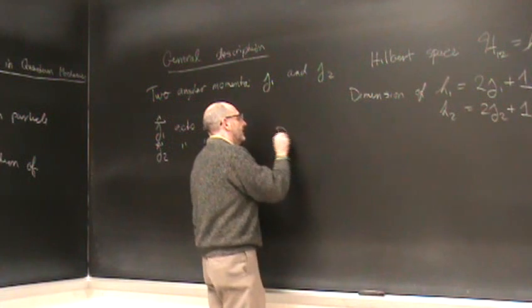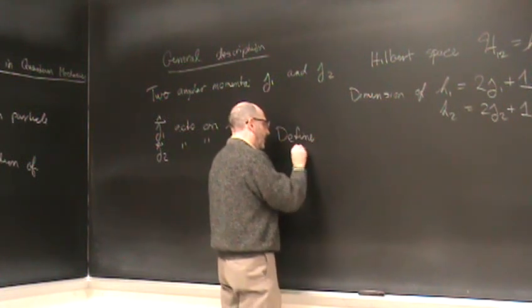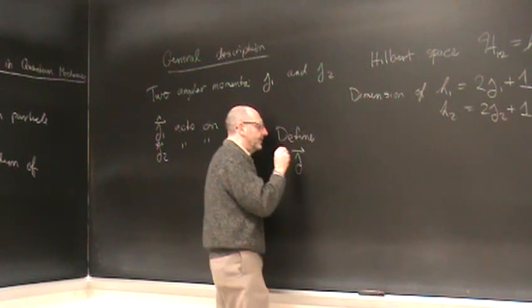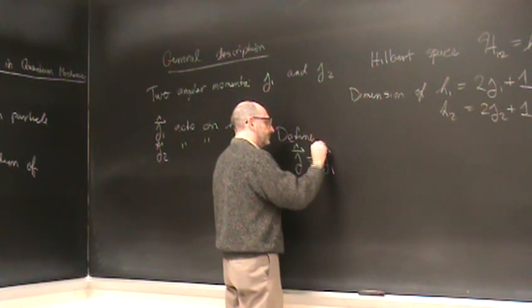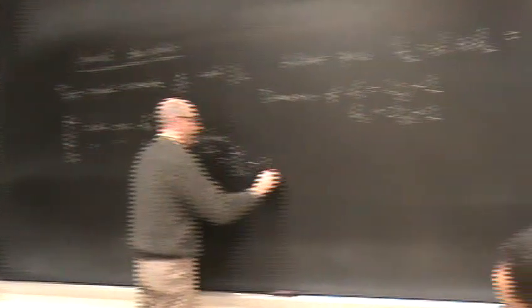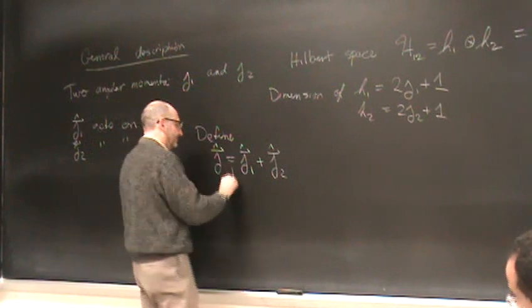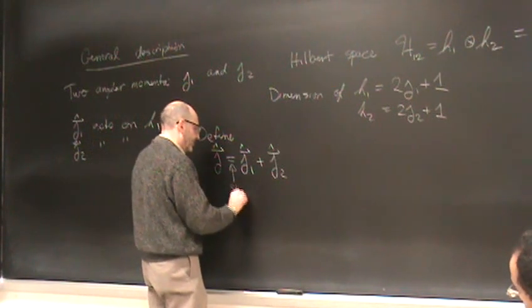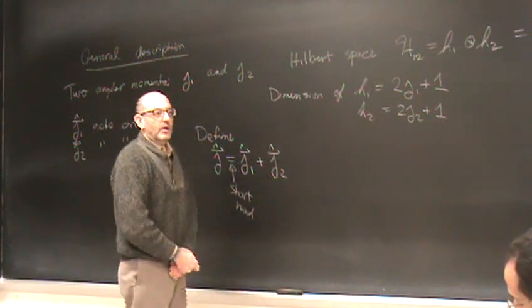We define an operator, which we call J without a subscript, as the sum of the two. Now this is really a shorthand for something much more precise. Why?